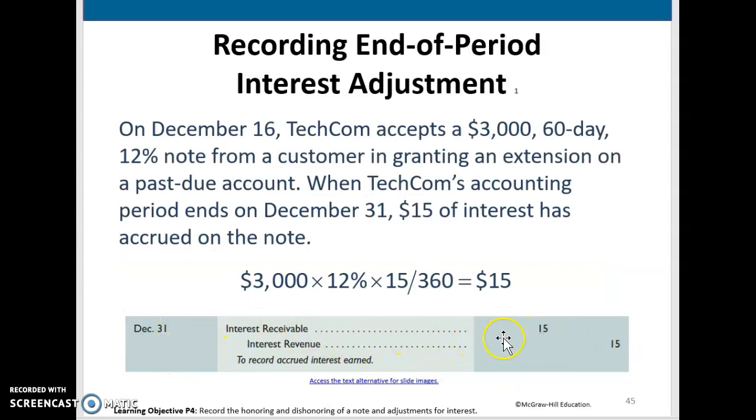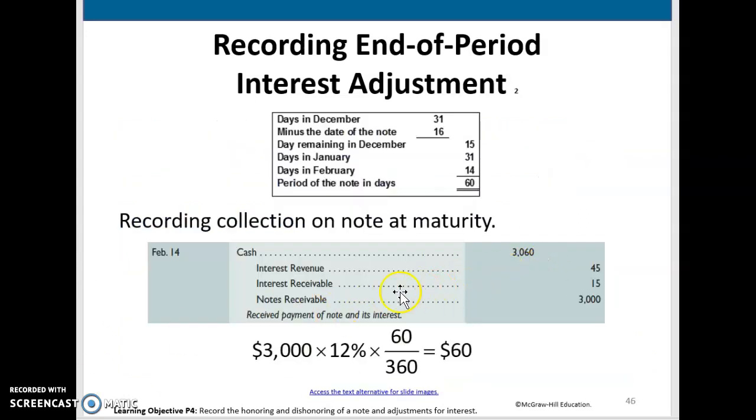We have interest receivable of $15. So $15 is credited to interest receivable. That means that by default, the interest revenue for this period for the remaining number of days, if it was 15 there, it would be 45 here, is $45.